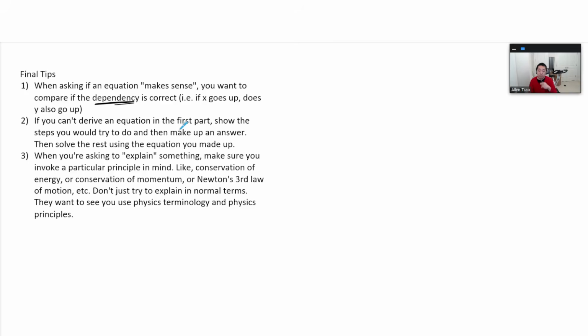The last part is a mistake I see a lot: you get a question where you're asked to explain or justify. When you are explaining things, they don't want a long, rambling explanation. They want you to invoke specific physics principles. That means conservation of energy, conservation of momentum, Newton's third law. They want you to use physics terminology: work causing a change in energy, an impulse causing a change in momentum, a torque causing an angular acceleration.